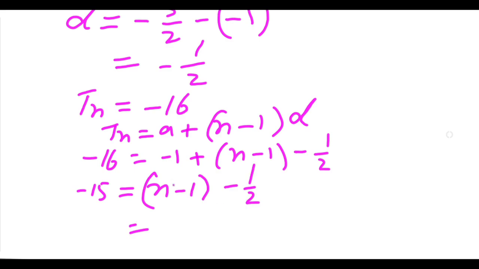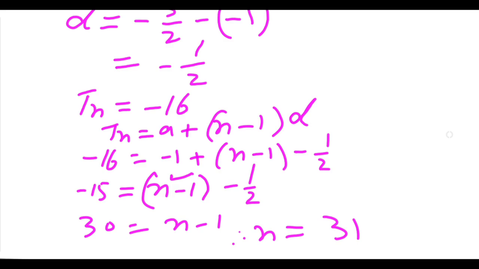Now my subject of the formula is n, so the -1 over 2 moves to this side and becomes -2 over 1, negative becomes positive, so it's going to be 30 equals n minus 1. Therefore n is 31. So part A is solved.